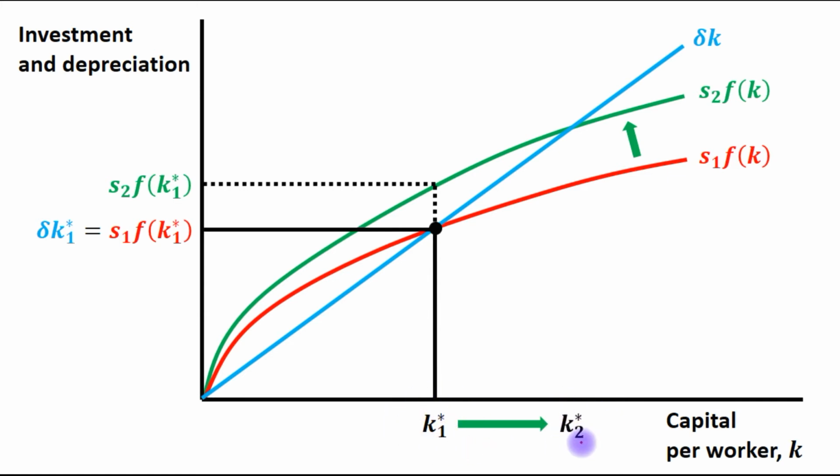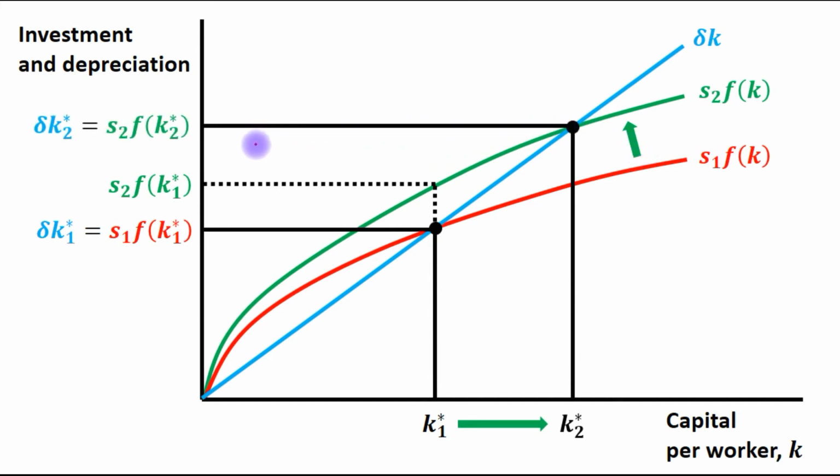This K2 star will be achieved at this intersection point of the new investment curve and depreciation curve, which is this one. And again, the amount of depreciation is equal to the amount of investment, that is delta K2 star equals S2 F(K2 star).